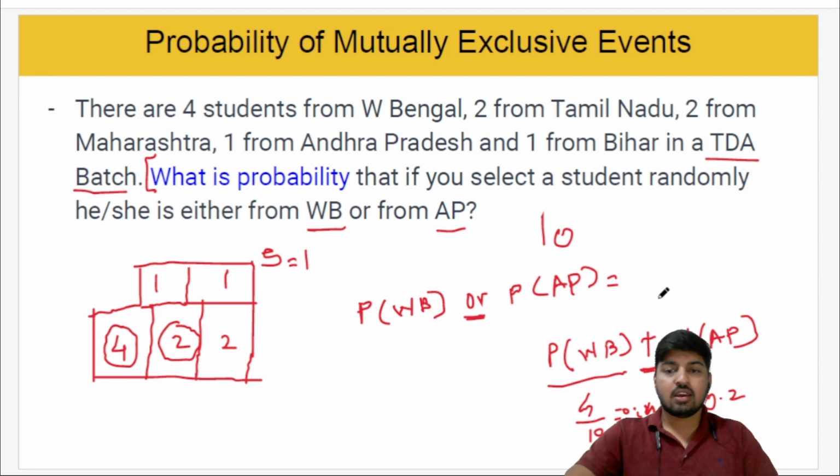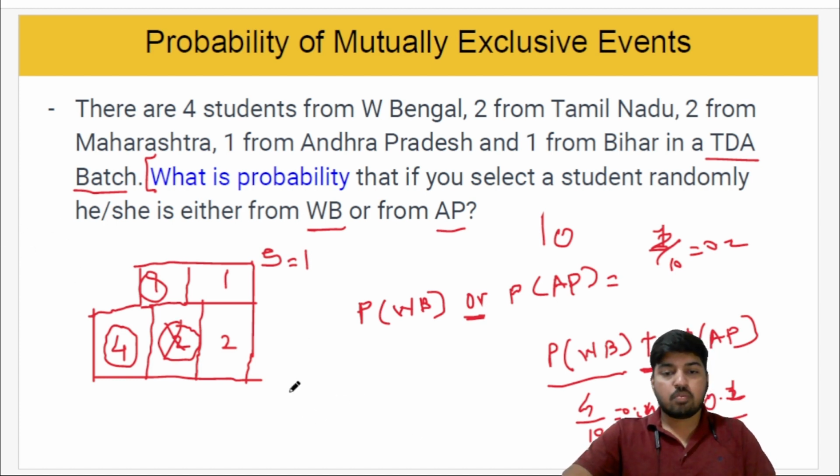Okay, sorry, I had taken the wrong number. It is going to be 1 divided by 10. So I will get 0.4 plus 0.1.